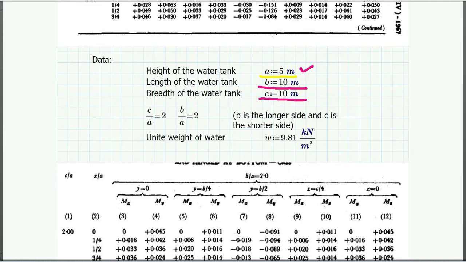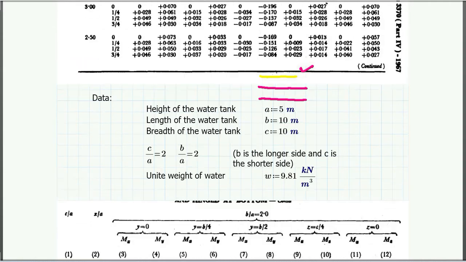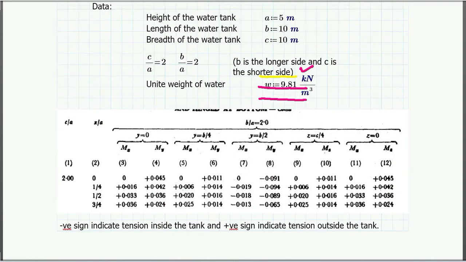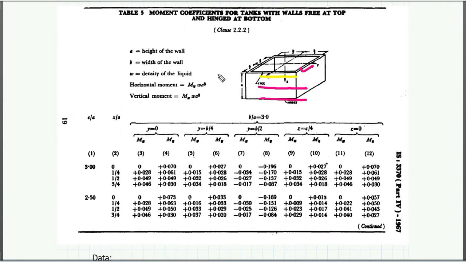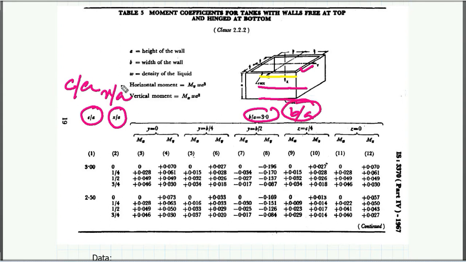Now to find out the moment coefficients, what are the ratios that are required? The first ratio that we need is C by A, then X by A, then B by A. These three ratios are important. X by A basically represents the depth.